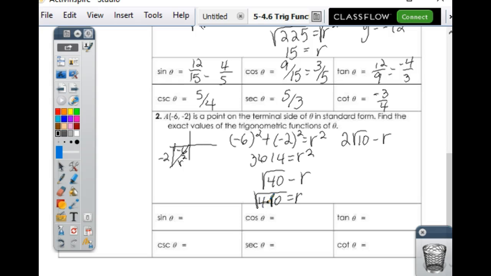So 40 is 4 times 10. So the square root of 4 is 2. So it's 2 square roots of 10.